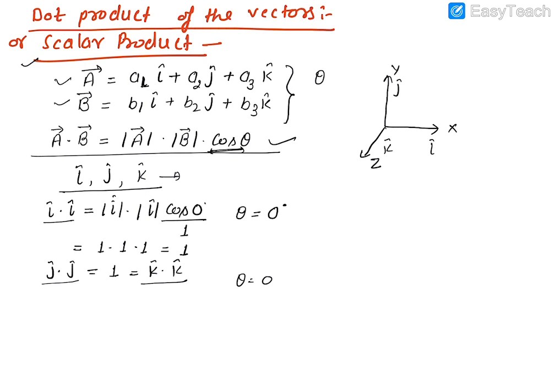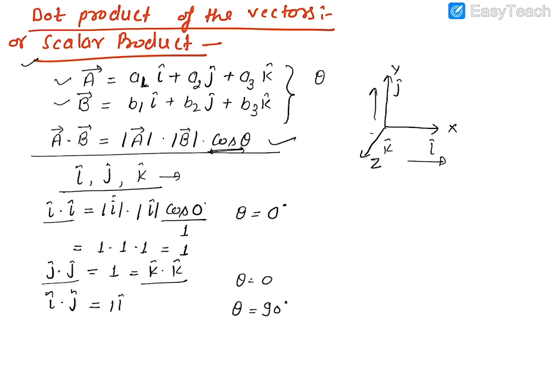Now if we take two different unit vectors which are in different directions, like i cap dot j cap, then the angle between i cap and j cap is 90 degrees, right? i cap is in the x direction, j cap is in the y direction, so 90 degrees.